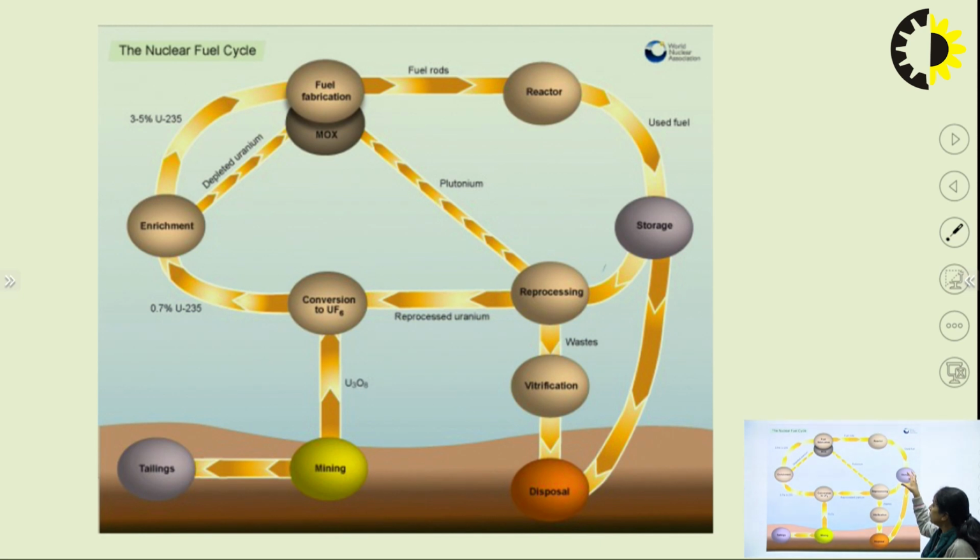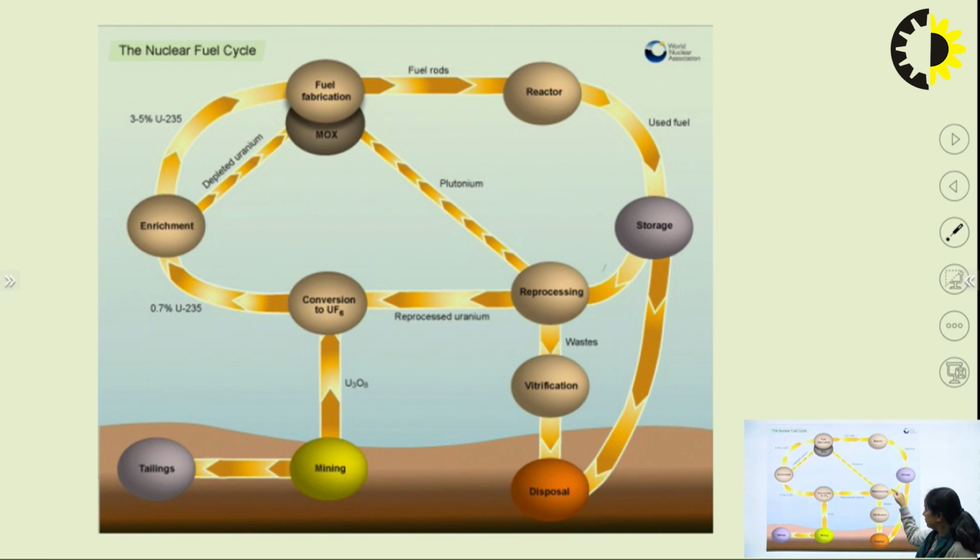The portion of the used uranium which can be reprocessed will be sent for reprocessing. After reprocessing we can form plutonium. Again, plutonium can be sent for fabrication and used as new fuel.